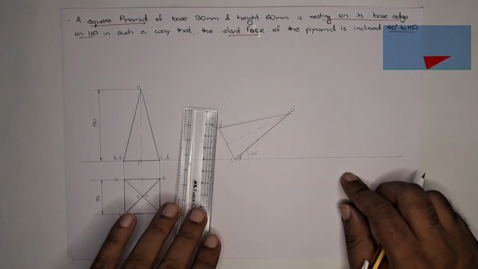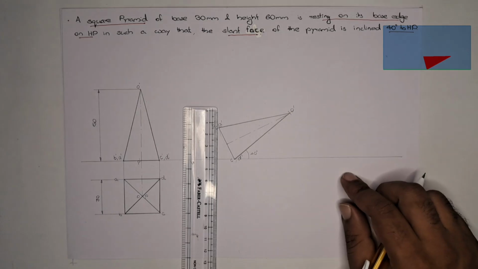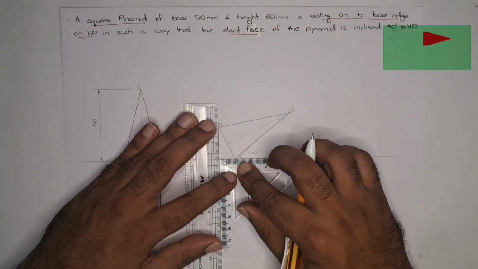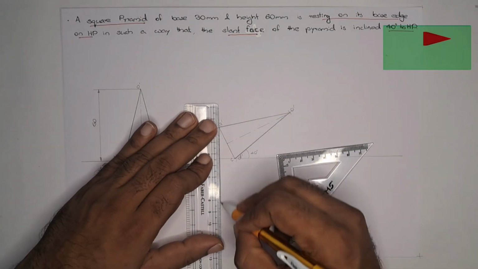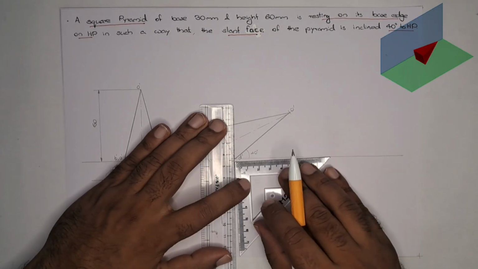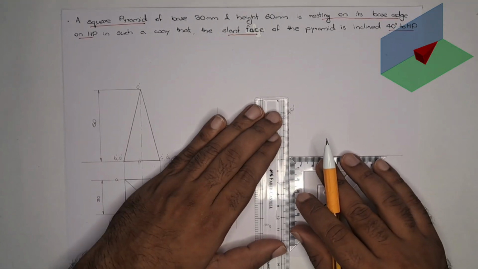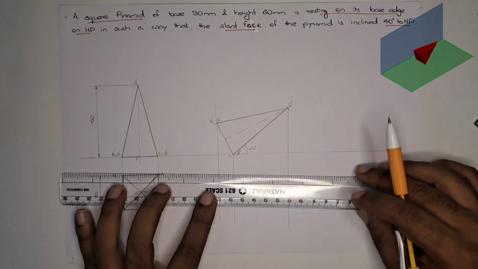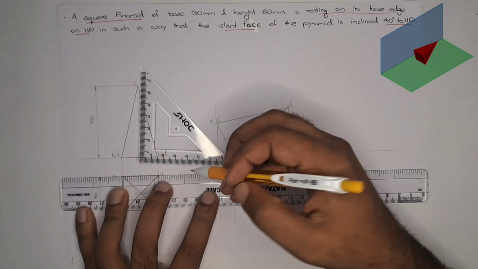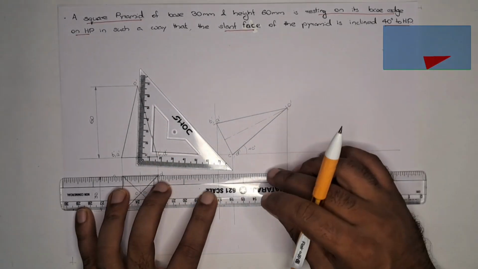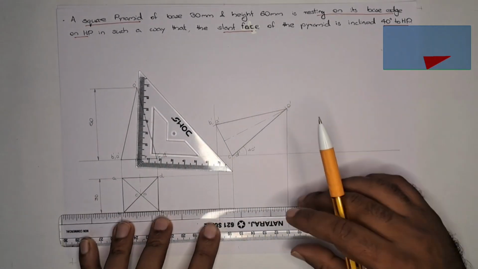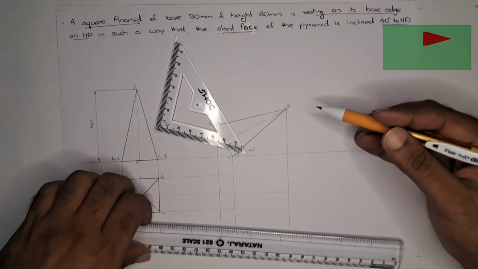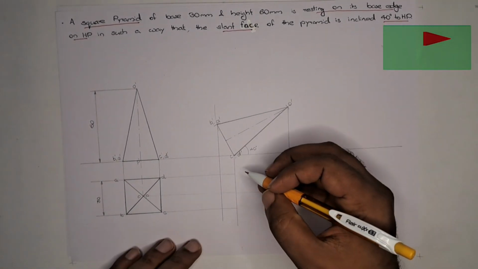Now it's similar to finding out the bottom portion. We check the perpendicular. All the points we needed.